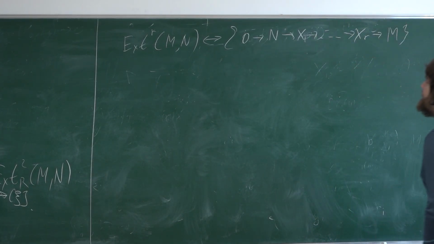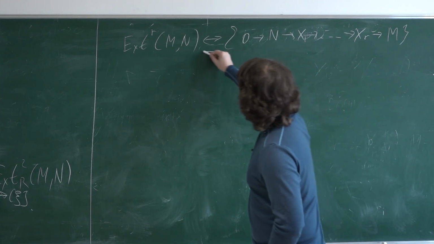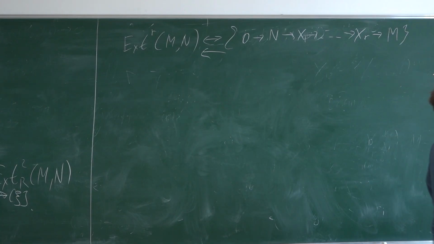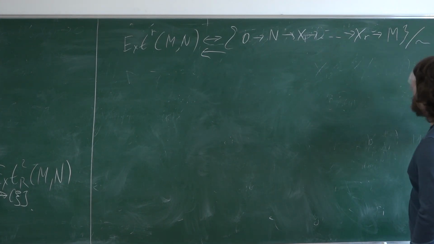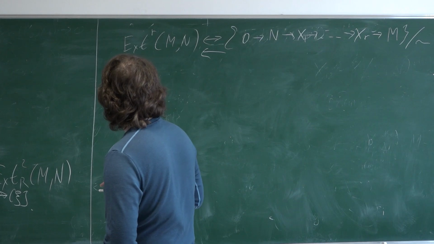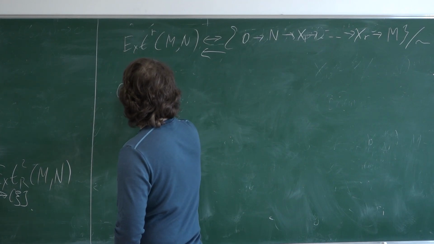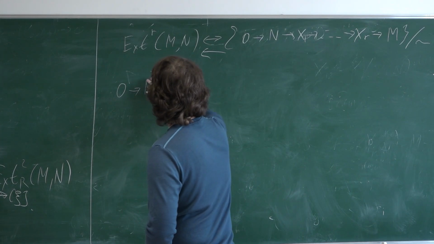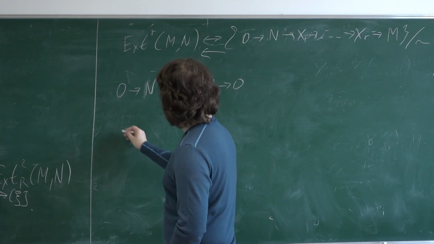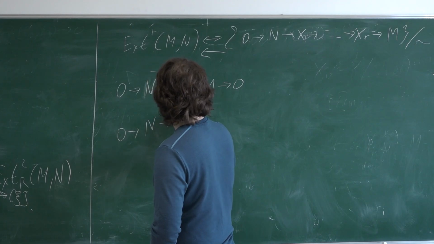You only need to say what the equivalence is here. In fact, let's observe: notice that if we have an extension of length 1, our usual extensions, what if I have two such extensions?